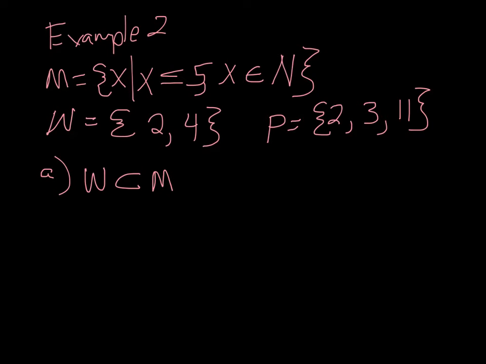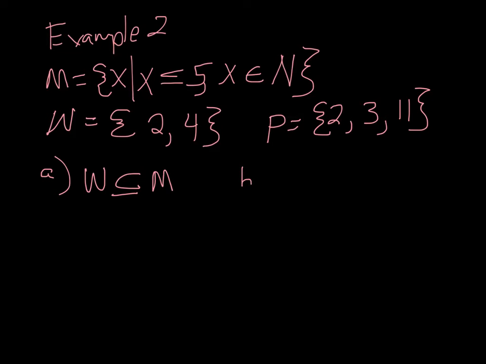We could write it like this, it's strictly smaller, or you could write it like this, which means it's less than or equal to, but we can clearly see it's not equal to. P is not a subset because 2 is in M, and 3 is also in M, but 11 is not less than 5, so P is not a subset, so we cannot say that it is.